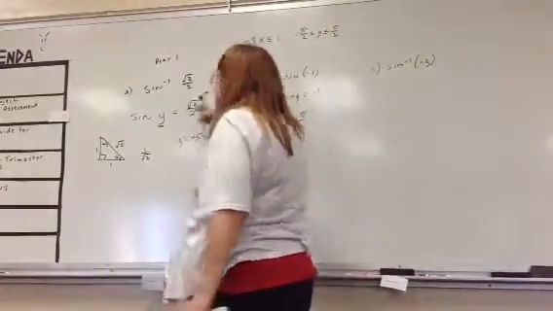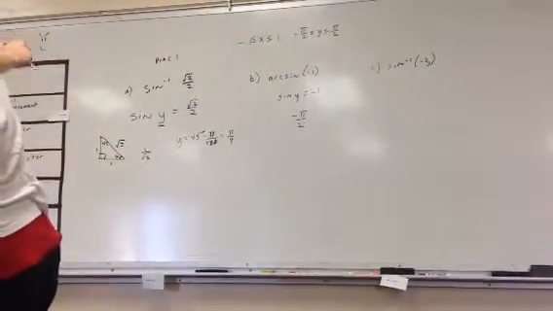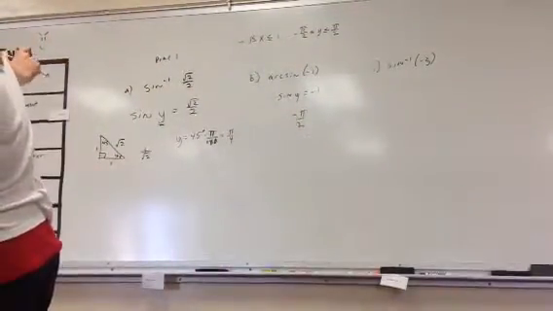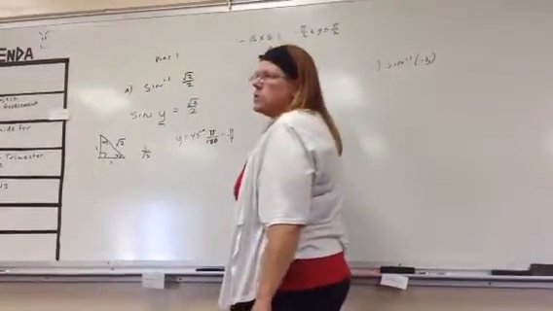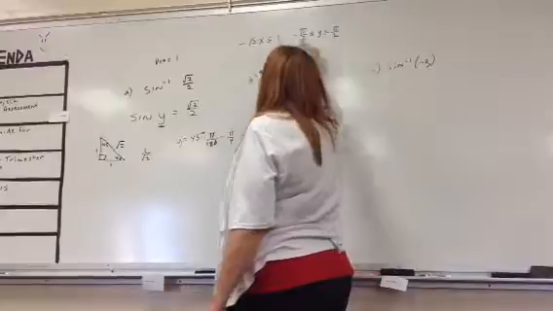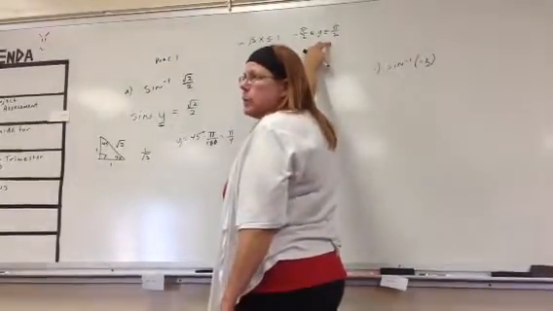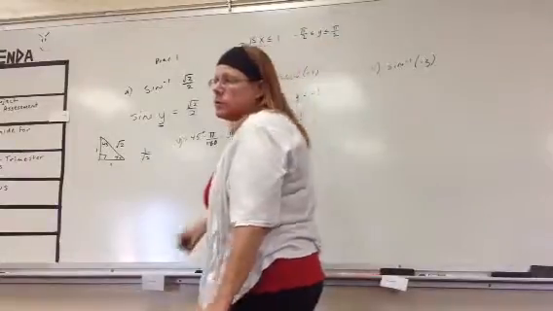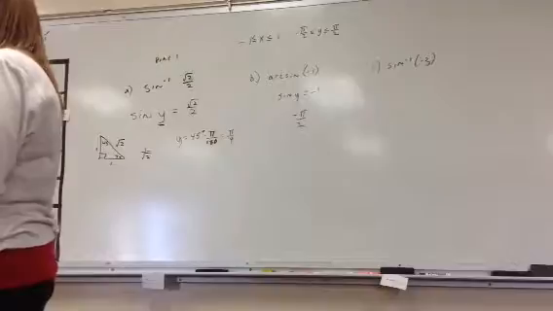And these answers are also because on page 541, the inverse sine function has these restrictions. X has to stay between negative 1 and 1, and y has to stay between negative pi over 2 and pi over 2. So that little purple chart on page 541 is another thing I would put in your notes.